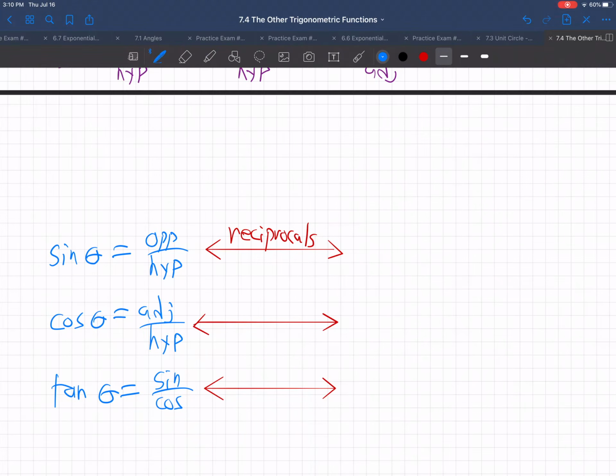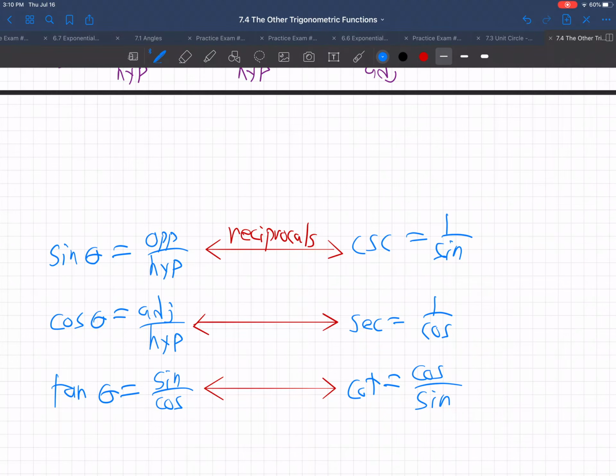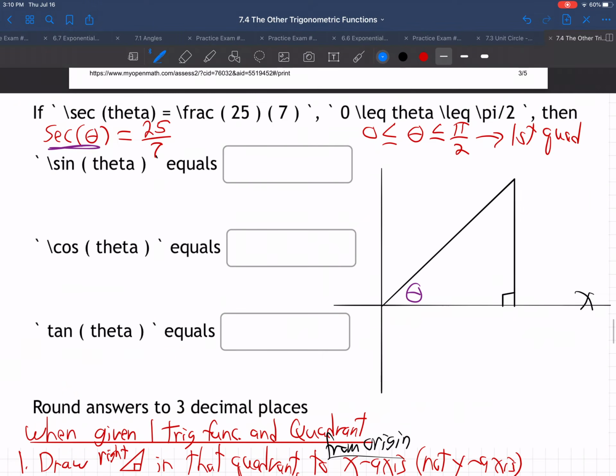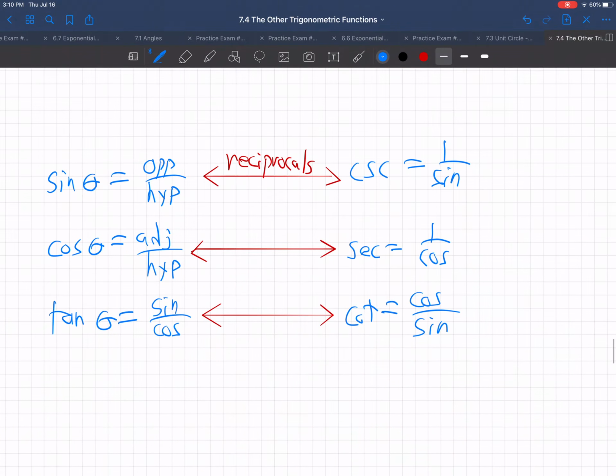So they're reciprocals. So the cosecant is 1 over the sine. It's upside down to the sine. And the secant is 1 over the cosine. It's upside down to the cosine. And then the cotangent is upside down to tangent, meaning it's cosine over sine. Okay, so what? Well, up here they told me secant. So what's secant? 1 over the cosine. And what's the cosine right here?